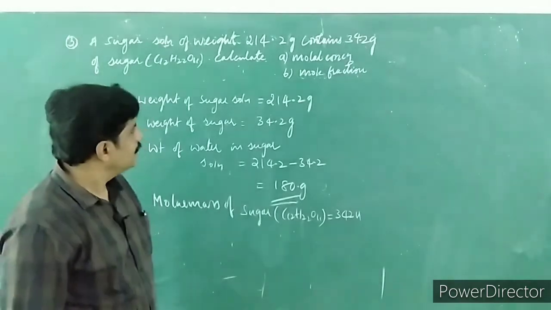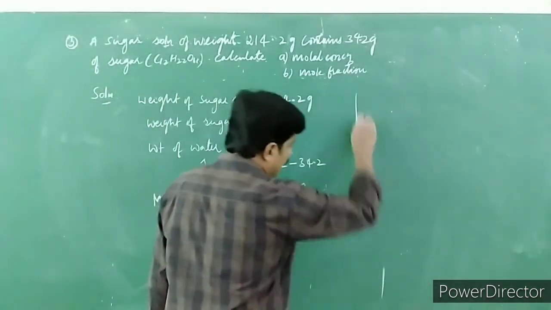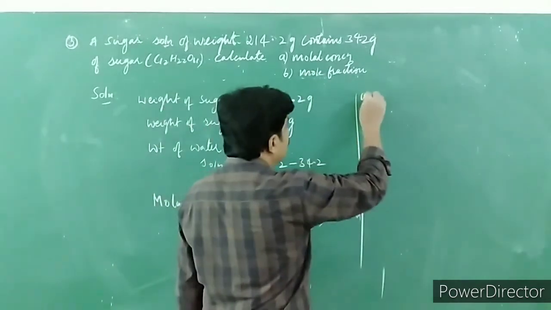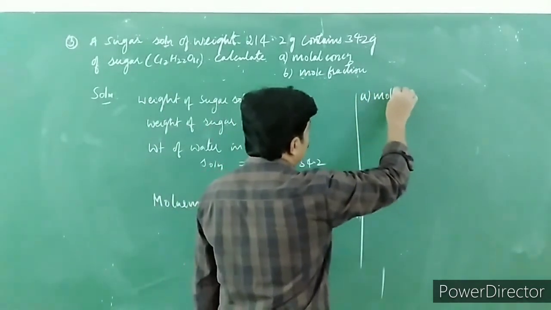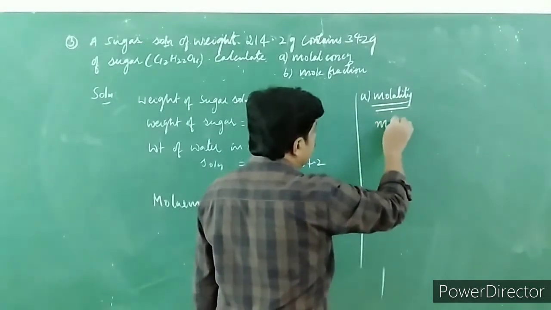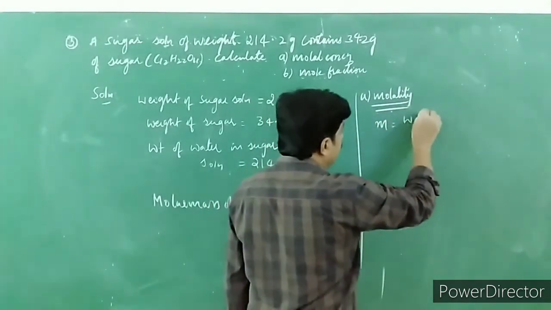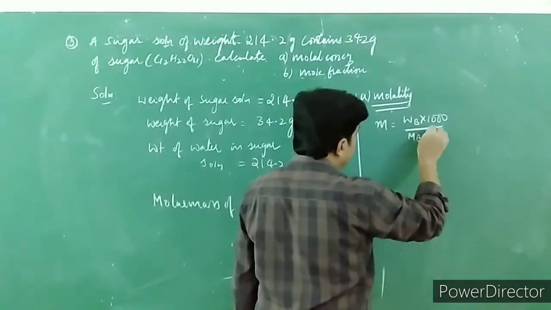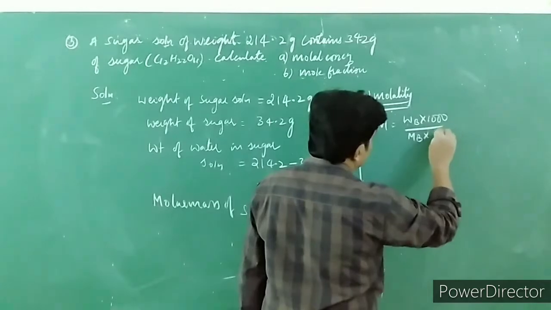Hope you understand that. Now let me take up the first part of this: molality. Molal concentration is nothing but molality. Children, molality m is equal to Wb into 1000 upon Mb into Wa.